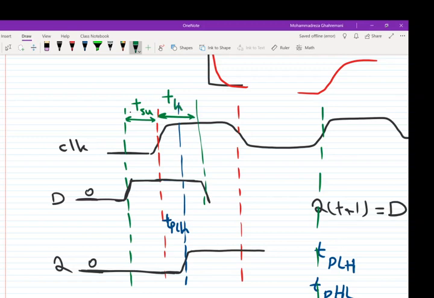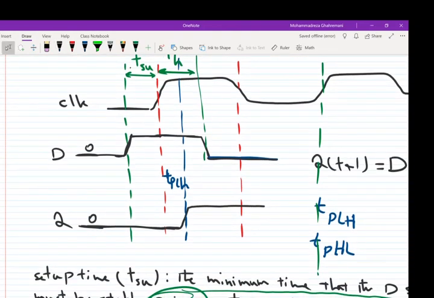So the input has to be stable at least TH after the positive edge of the signal.